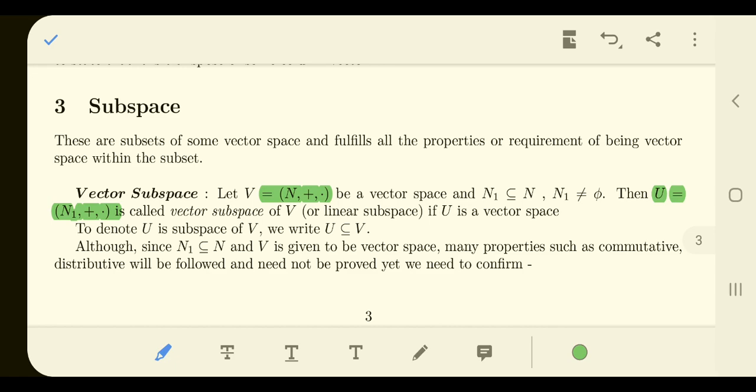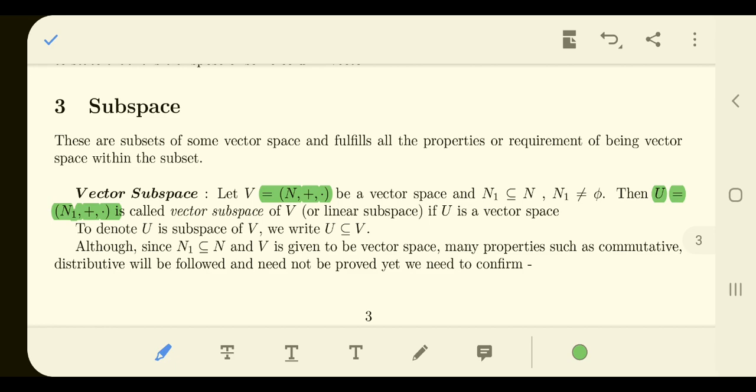What essentially is the difference? Only in the set of vectors. So initially you have a big set of vectors, now you have a smaller set of vectors, and you still want it to follow all the properties that we have stated above for vector spaces.